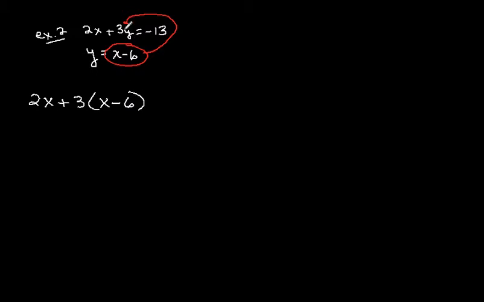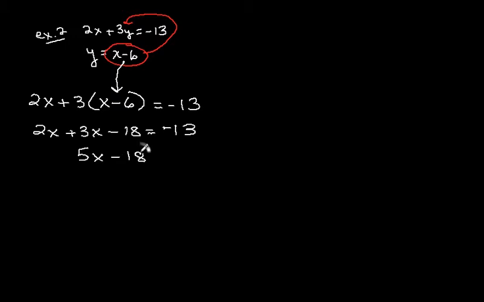We're taking the y, and y is equal to x minus 6, so we're putting that right in there. Equals negative 13. Distribute. So you get plus 3x minus 18 equals minus 13. 5x minus 18 equals negative 13. Add 18 to both sides.